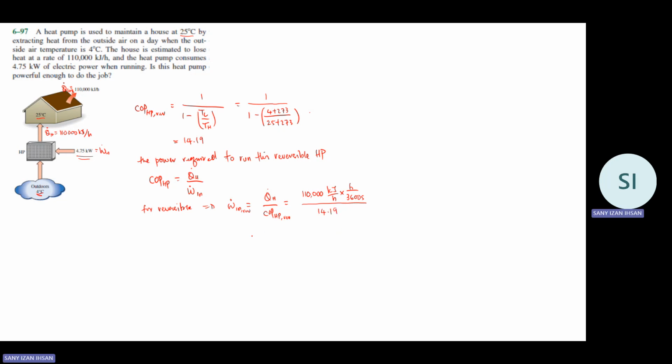If you calculate this, it turns out that for the reversible case, the power required is 2.15 kilowatt. So only 2.15 kilowatt is needed to run the heat pump if the system is reversible. Of course, actually more power will be required in order to overcome the irreversibilities.